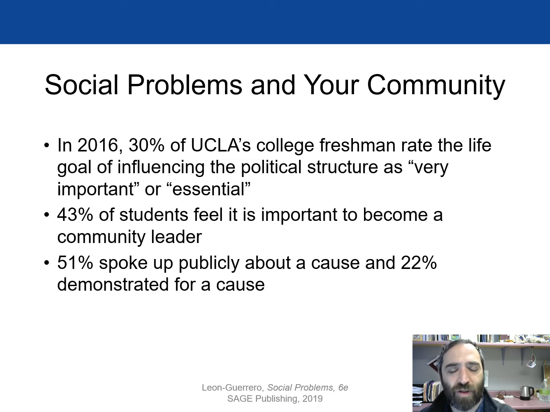That was very important or essential to them. And so when I first read this, I was thinking that's not very high. I thought it would be higher because UCLA is kind of a famous place where you have a lot of really capable people and a lot of tomorrow's leaders going there. And so, all right, but that's them.